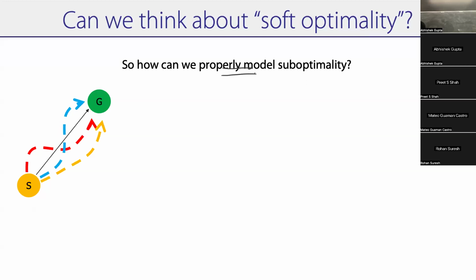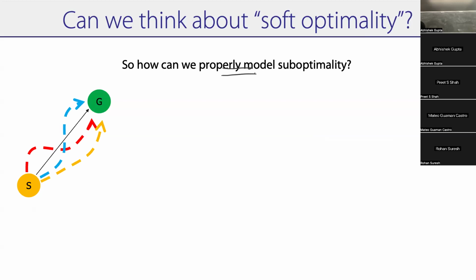And so rather than just saying things are optimal or non-optimal, we want to build a notion of soft optimality, which says that the likelihood of the behavior is proportional to its sum of rewards, right? The likelihood of a behavior is not just zero if it's not optimal, it's proportional to how high its reward is. So for instance, if you get huge negative reward for going this way, that's really less likely.